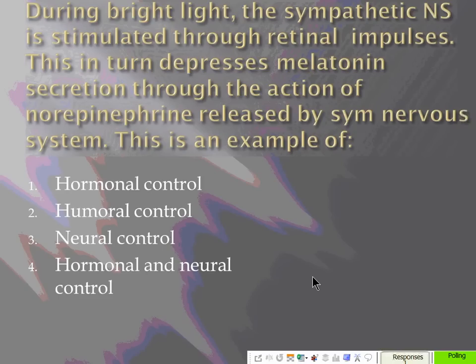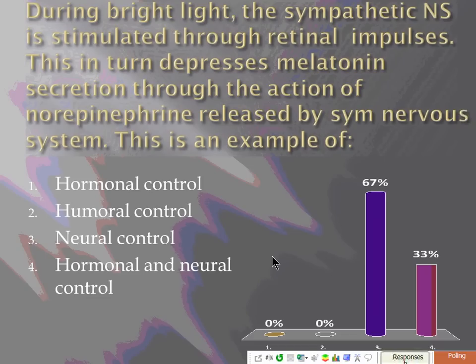And what is this an example of? Okay, the correct answer is hormonal and neural control.